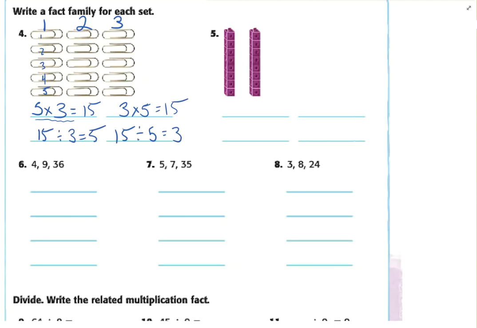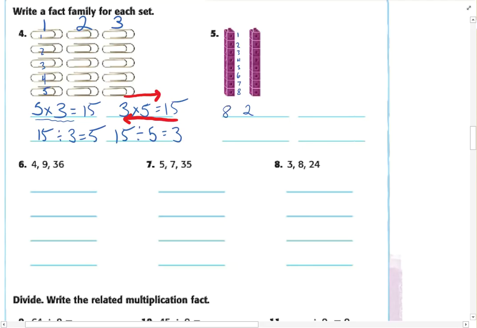Do you see how we go one direction? Here, 3 times 5 is 15. If I go the other direction, 15 divided by 5 equals 3. I end up back with what I started with. All right, now for my next one, I have 2 columns of these counting blocks, and I have 1, 2, 3, 4, 5, 6, 7, 8 little blocks.